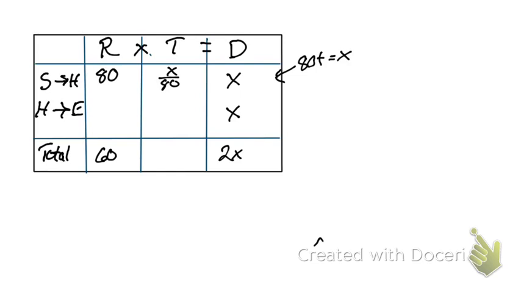So I'm going to pick my variable for my rate. So I'll pick y, which will make my time x over y. And our total time would be x over 80 plus x over y.